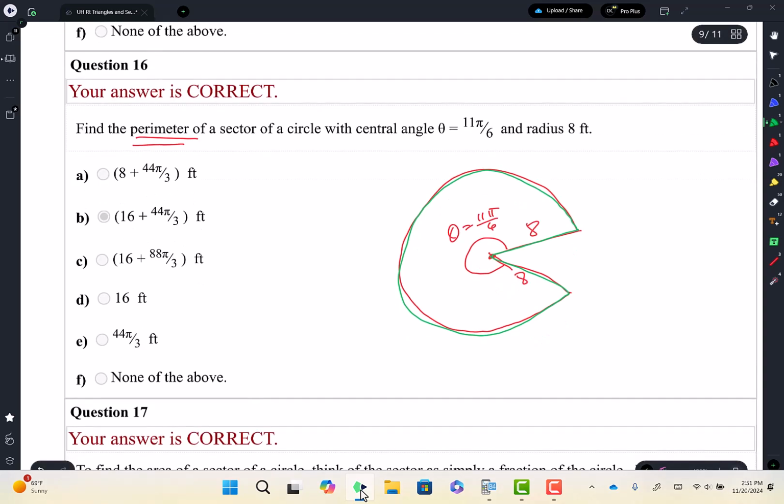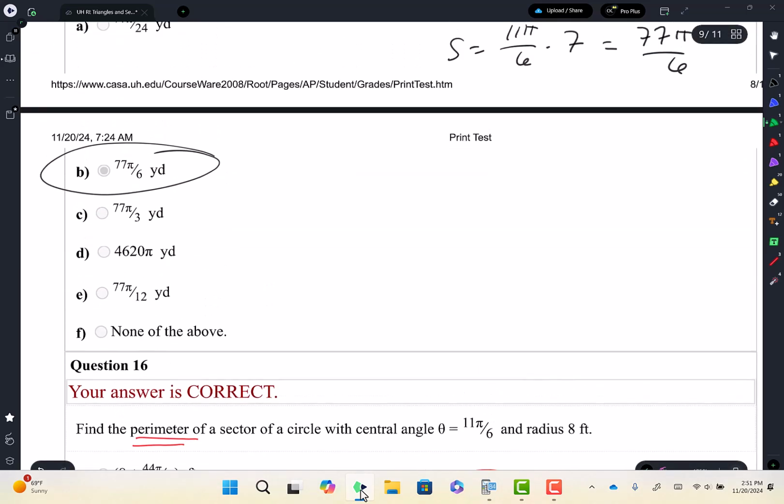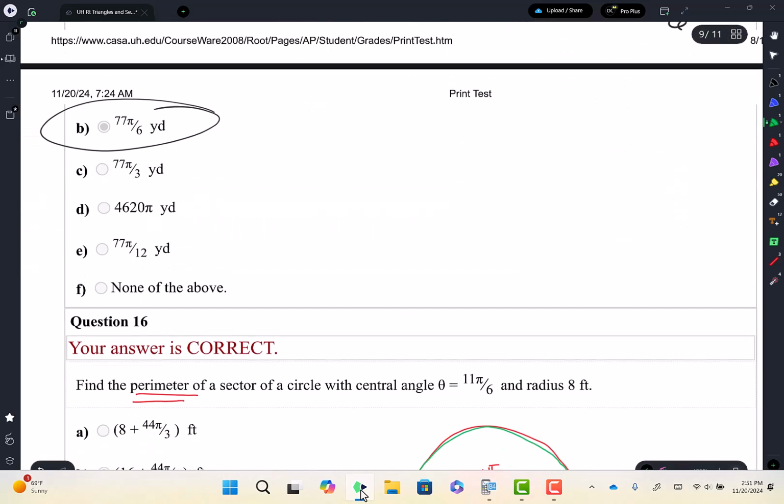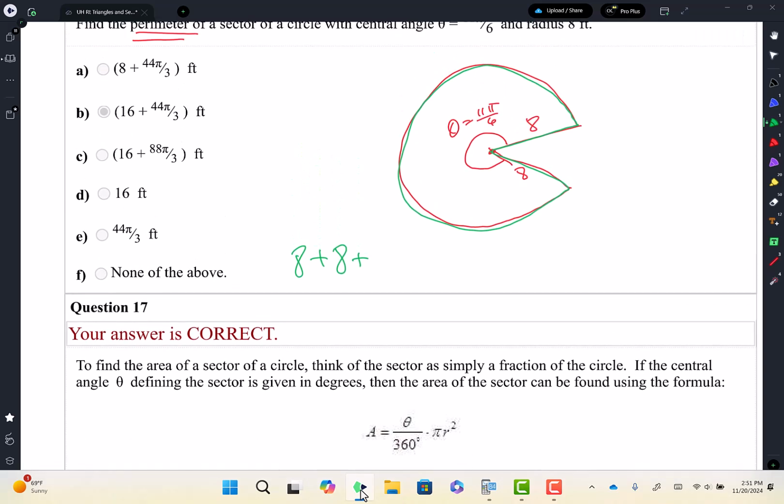So let's add them up. 8 plus 8 plus the arc length. How did I find the arc length? Well, I just did it right now. This is just r theta for the arc length. So my radius is 8, and the central angle is 11 pi over 6. So let's see. 16 plus 8 times 11 is 88.